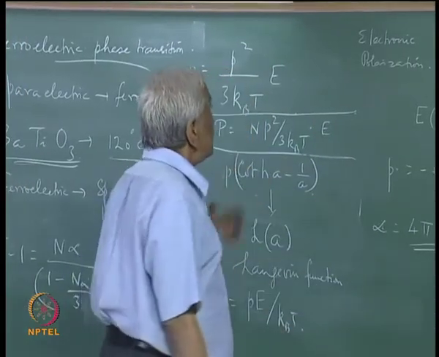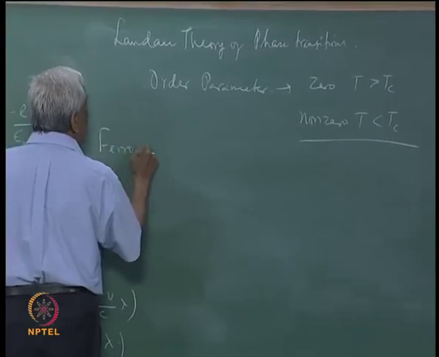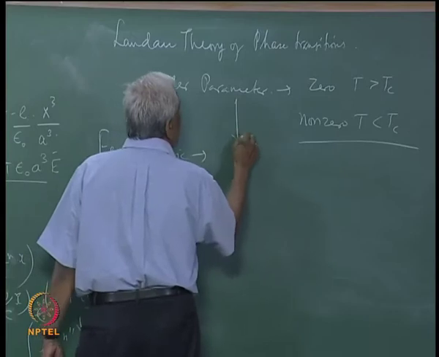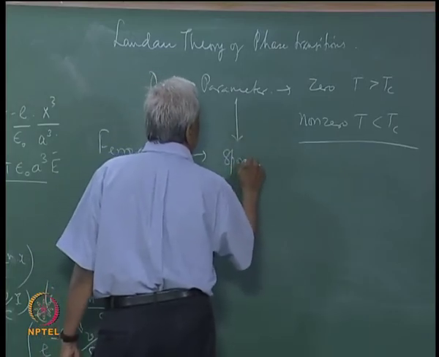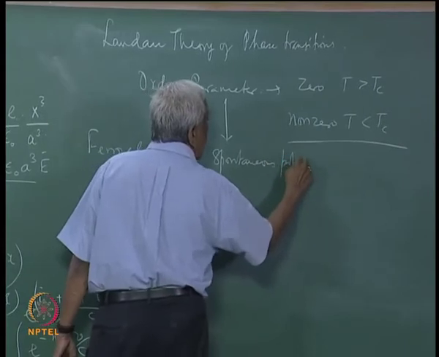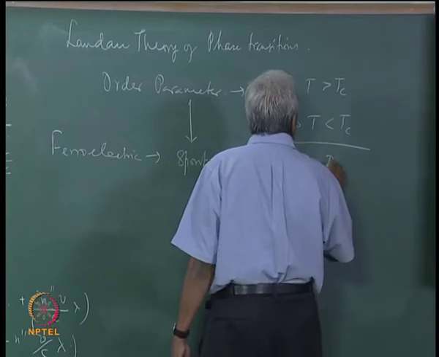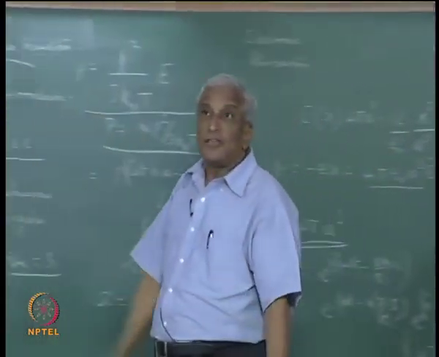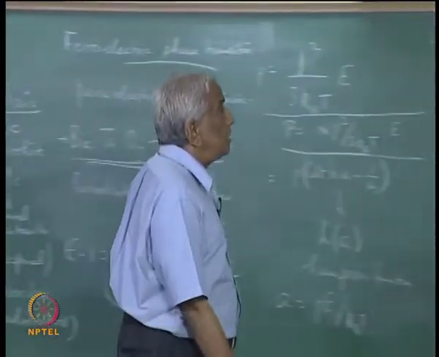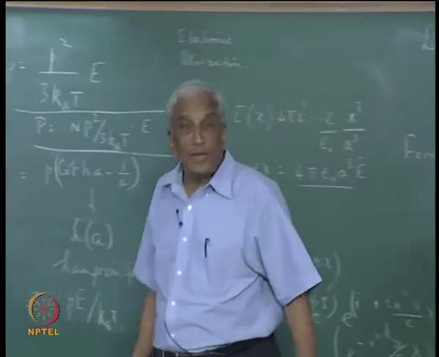In this present case of a ferroelectric material, the order parameter is the spontaneous polarization. Obviously, there is no spontaneous polarization above Tc, the transition temperature, and the spontaneous polarization exists and therefore is non-zero below Tc.